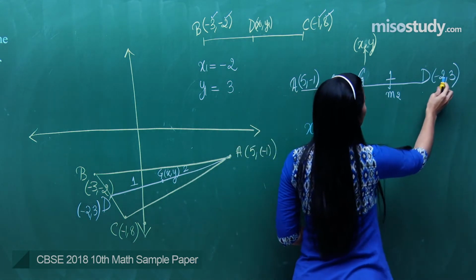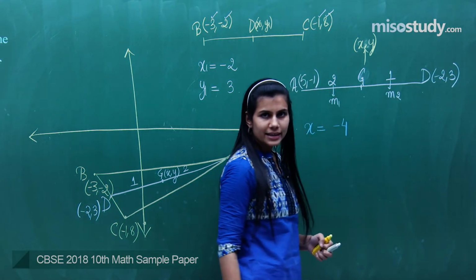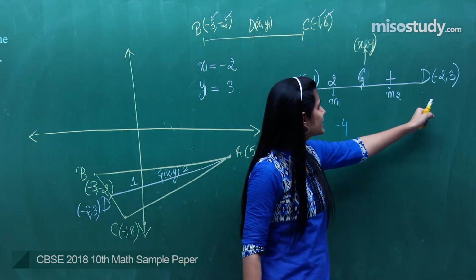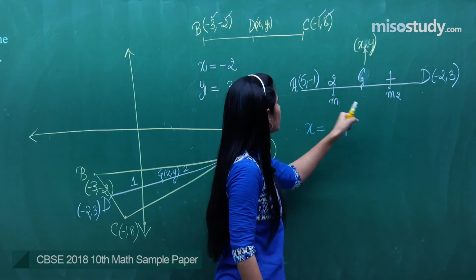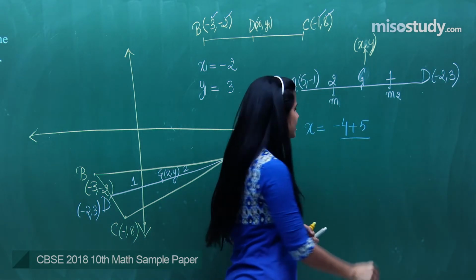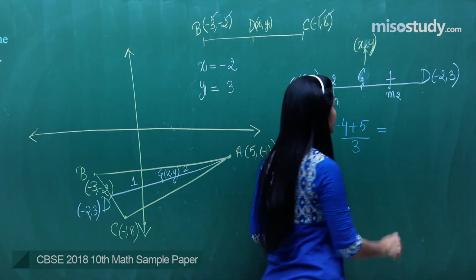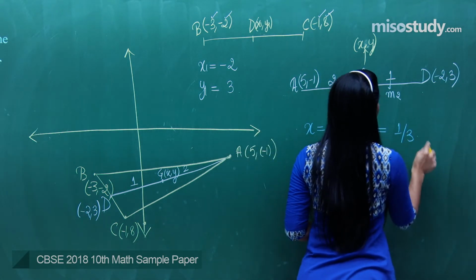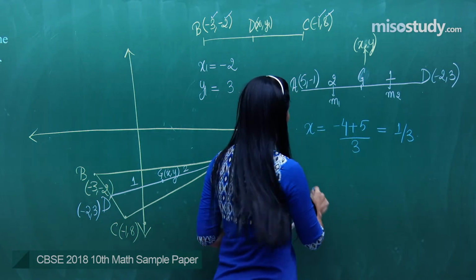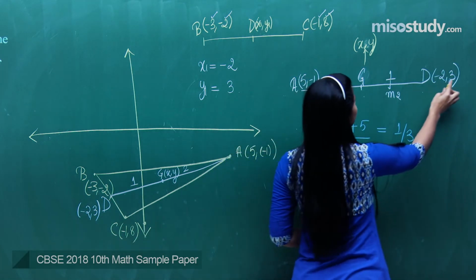M1 into -2, that means 2 into -2, which is -4. M1 x2 plus M2 x1, 1 into 5, whole upon M1 plus M2. So you get 5 minus 4, which is 1, 1 upon 3. And on the other hand, the y coordinate will be M1 into 3.